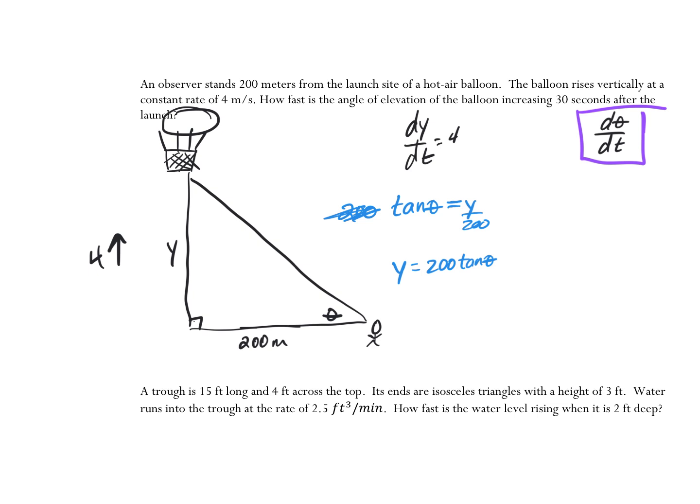So I need to take the derivative of my equation. I'm going to get dy dt equals 200 times secant squared theta d theta dt.